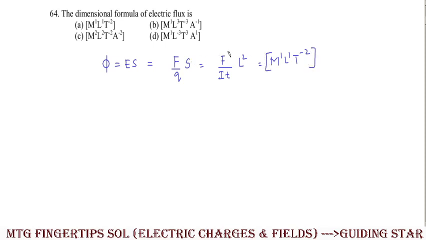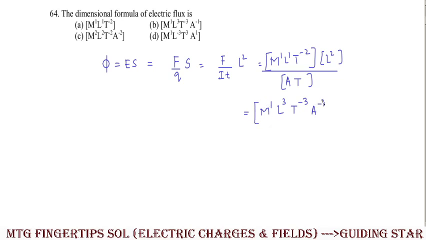The dimensional formula for area is L square, all divided by the dimensional formula for current, which is simply ampere, and for time it is capital T. So finally, what we'll be getting: M power 1, L, there is L here having power 1 and another L having power 2, so L power 3, and T which is here in the denominator will go up, so the power of T will become minus 3, and A power minus 1.